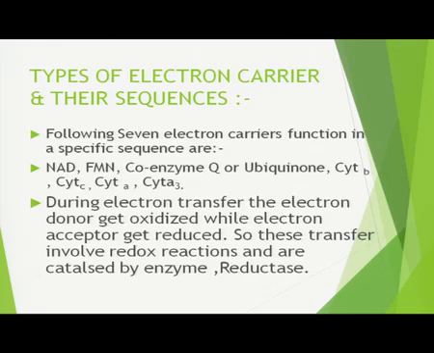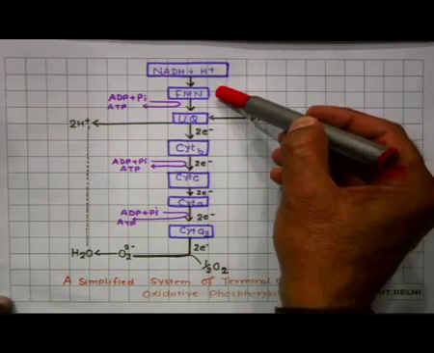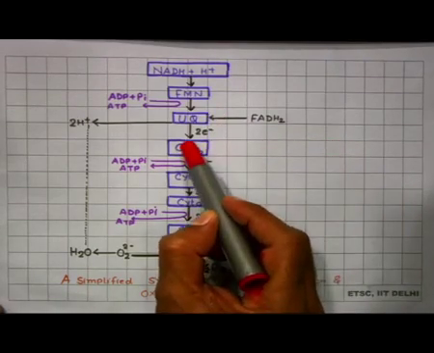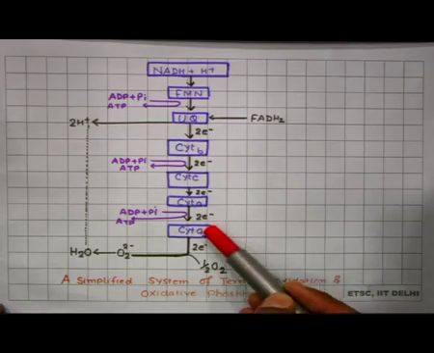Now, there are different types of electron carriers and their sequence. These are the 7 electron carriers which function in a specific sequence: NAD, FMN, coenzyme Q, you will see here the NADH plus H plus, then FMN, then ubiquinone or coenzyme Q, the next one cytochrome B, next cytochrome C, cytochrome A and cytochrome A3.